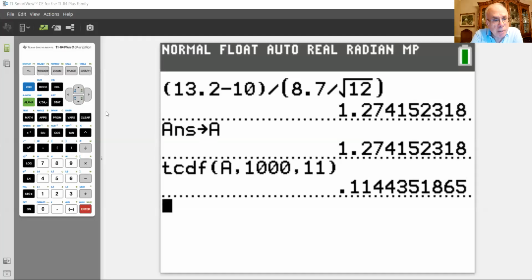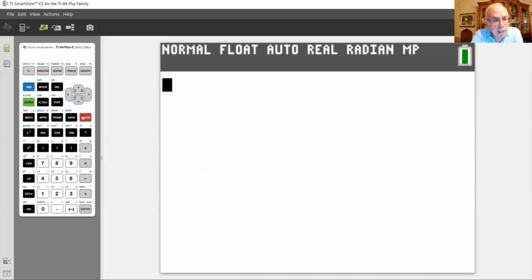Just so that you don't get mixed up, it's good to clear out the calculator when we get into a new problem. Again, this is a two-tailed test, so keep that in mind. We open up a set of parentheses.